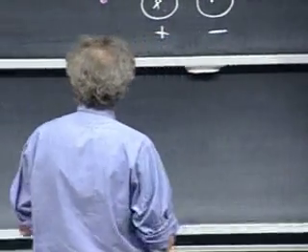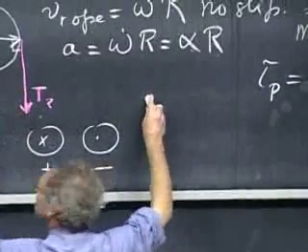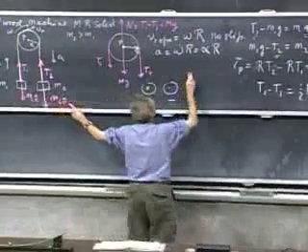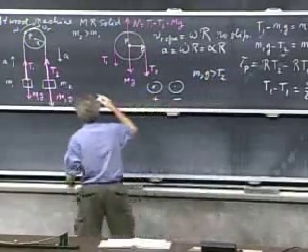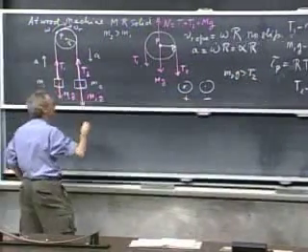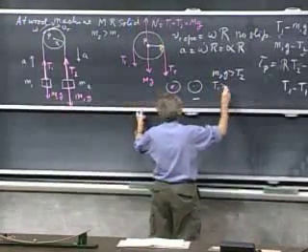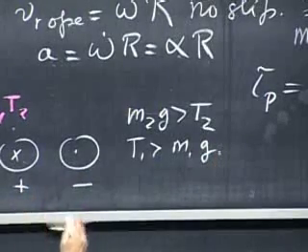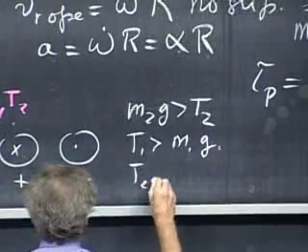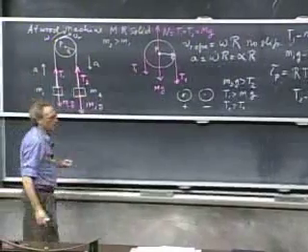You should make sure that m2g is larger than T2. That's a must, otherwise it's not being accelerated down. You should also check that T1 comes out larger than m1g. That's also a must. And you should also check that T2 be larger than T1, otherwise the pulley wouldn't rotate in clockwise direction.